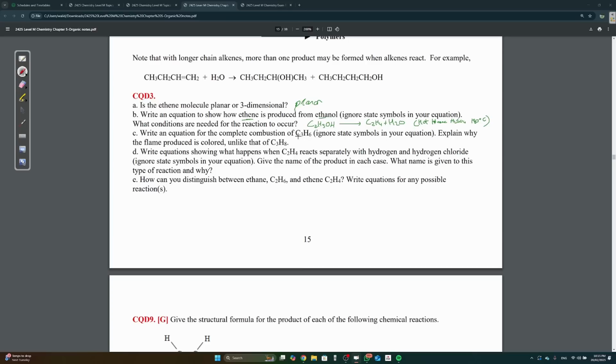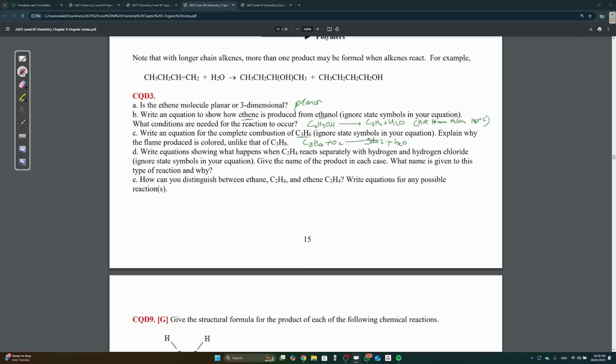Write an equation for the complete combustion of C3H6 and explain why the flame produced is coloured, unlike that of C3H8. Let's take a look. C3H6 complete combustion, so we react with oxygen, and complete combustion forms carbon dioxide, obviously not carbon monoxide, plus water as usual. Let's balance.